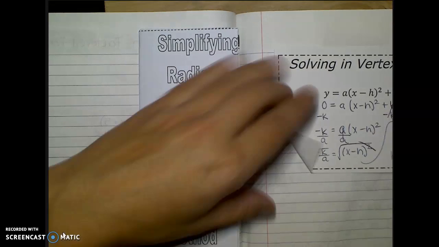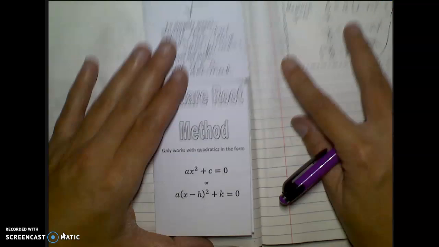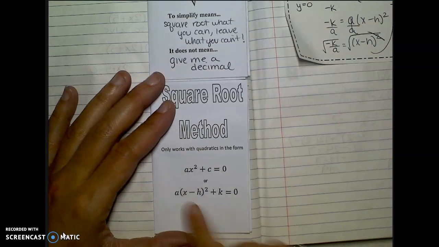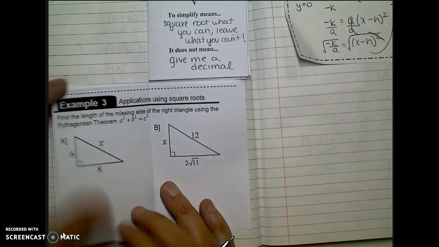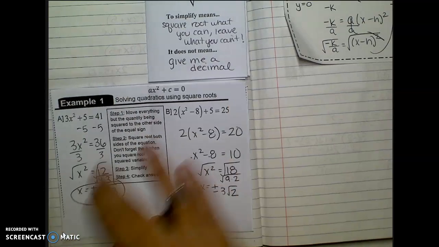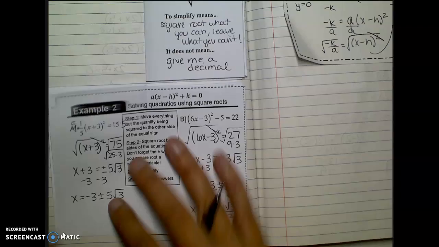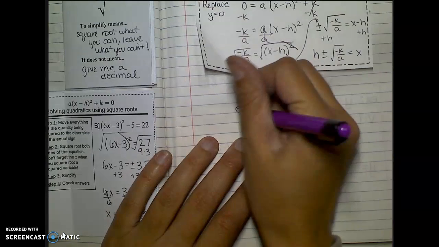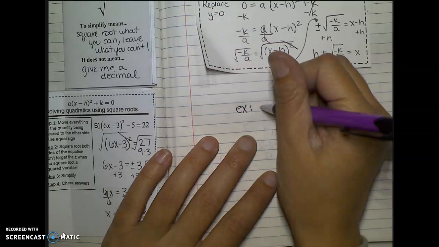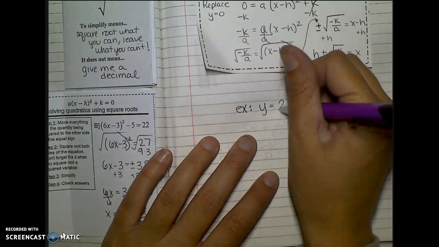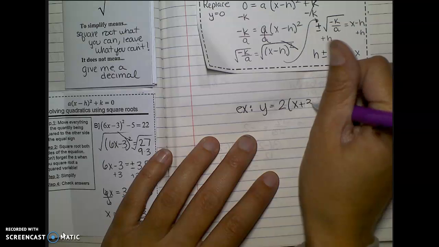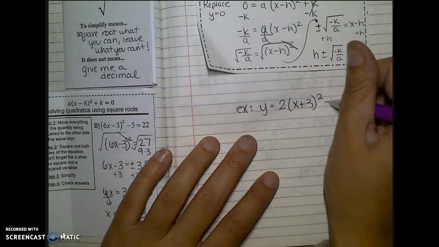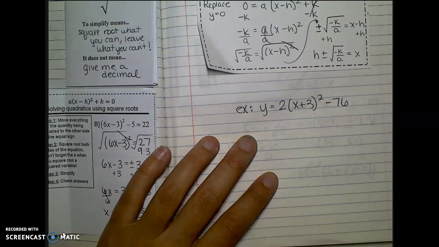Now, if I'm solving in vertex form, then I only have one x, and so I'm really just trying to get that x alone. And so we did a couple of those here, example 1 and example 2. But maybe another example like that would be if I had y equals 2 parentheses x plus 3 squared minus 76.